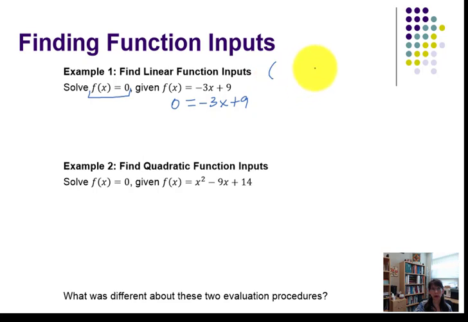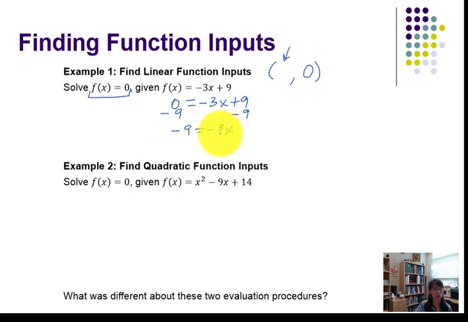As far as an ordered pair is concerned then, if output is 0, that means the y value is 0. If we solve for x, we'll be able to find the input that corresponds with that output value of 0. So I'll start by subtracting 9 from each side of the equation. -9 now equals -3x.